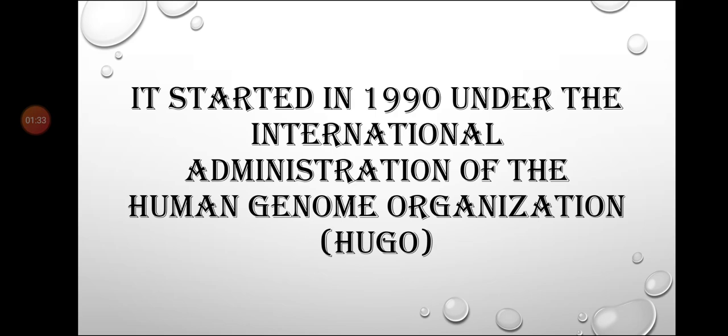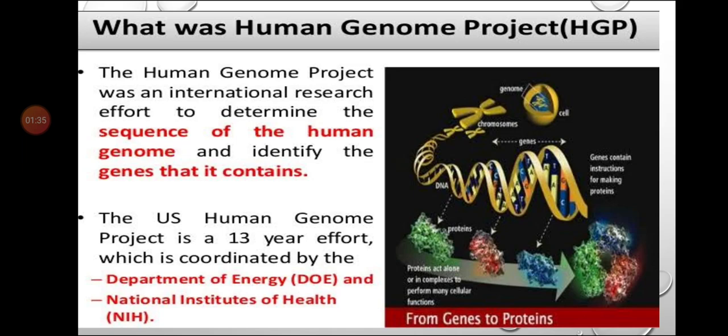Okay, so what do you mean by Human Genome Project? When we say Human Genome Project HGP, this was an international research effort to determine the sequence of the human genome and identify the genes that it contains. That means it was the first multinational research project to determine the genomic structure of humans.